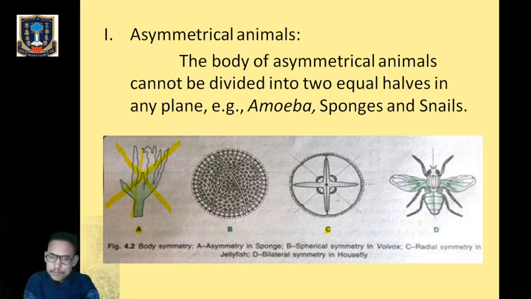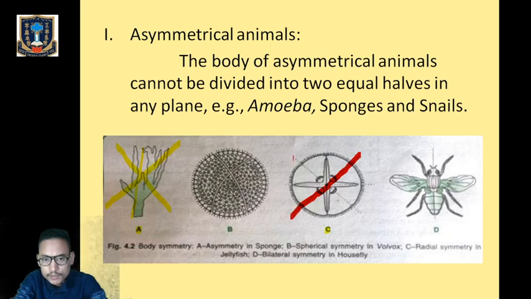In radial symmetry, if you cut from any plane or any direction, the body is divided into two equal halves. Let me show you the cutting planes. This is the first plane where the animal is being cut, this is the second plane, and this is the third plane.